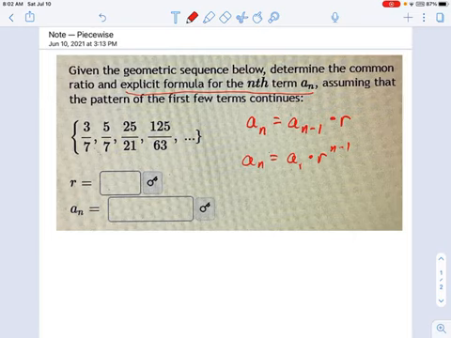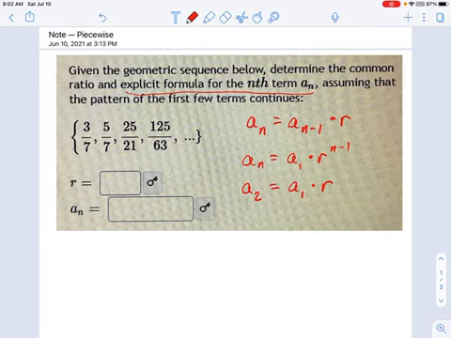It doesn't really matter which one you use. You're going to be plugging in some value for n, and I generally just take the second term and the first term. Those are the easy ones to use. So we would plug in, say, 2 for n, and say that's equal to a1 times r to the n minus 1. Well, n minus 1, if n is 2, that's just 1, so we don't need to write it.